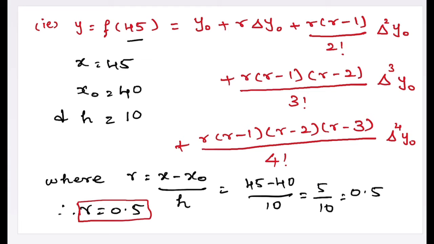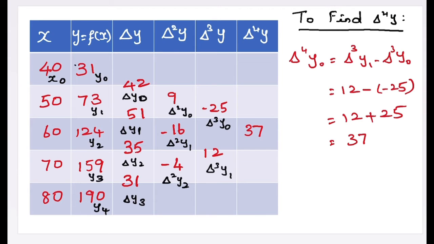where your r is equal to 0.5 and your y naught is 31 and delta y naught is 42, delta square y naught is 9 and delta cube y naught is minus 25 and finally delta power 4 y naught is 37.